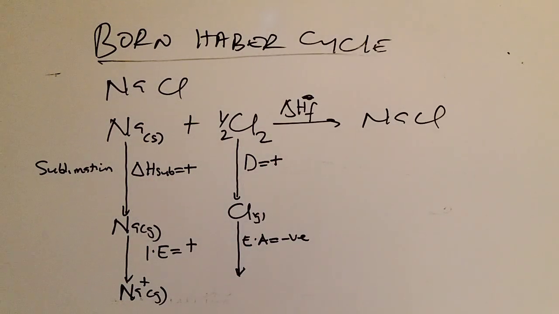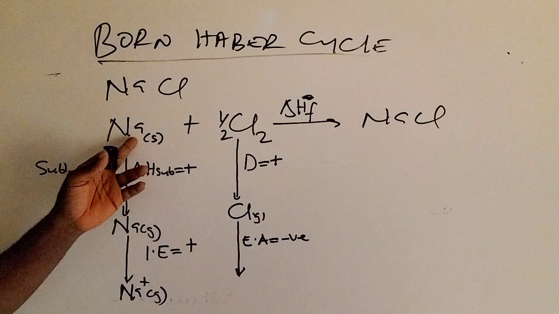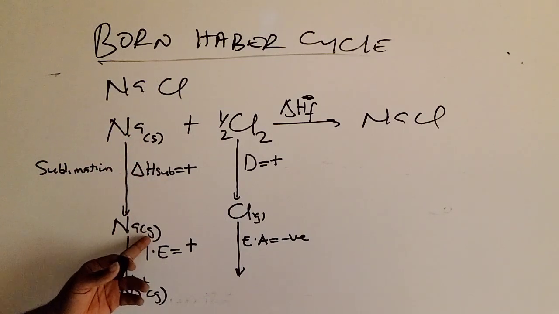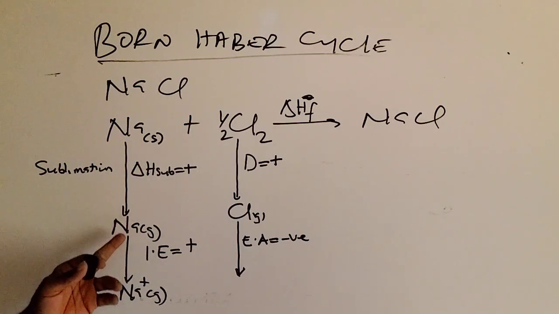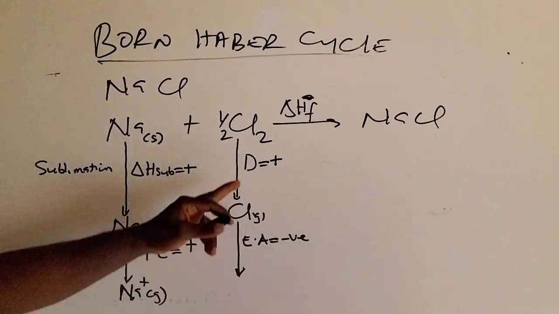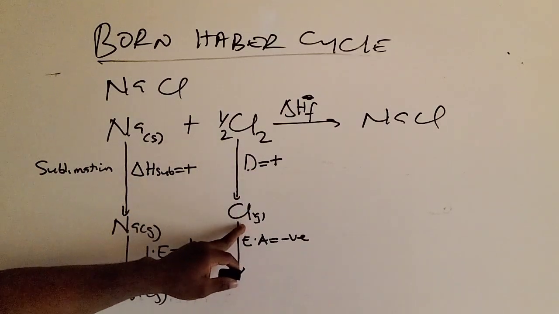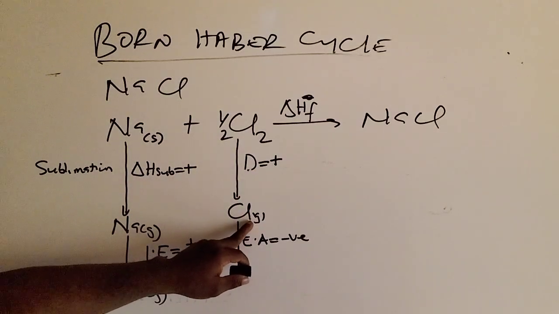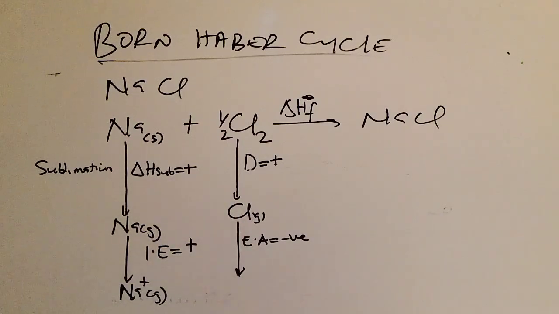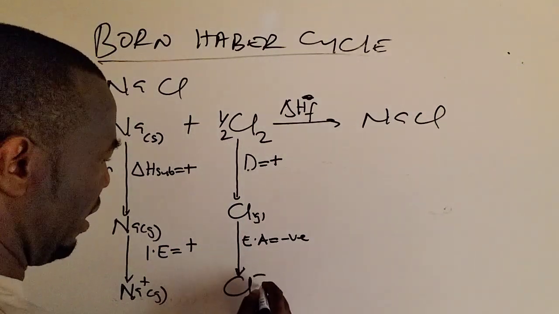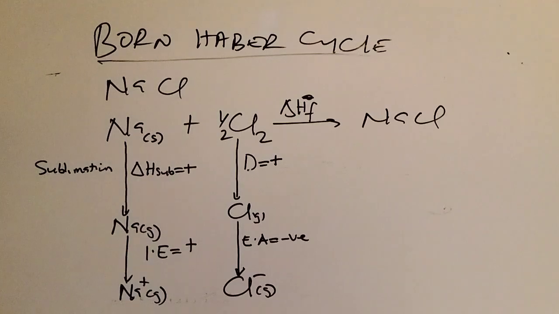To repeat, the metal undergoes 2 stages. It sublimes to its gaseous atom, and the gaseous atom loses an electron to ionize. The non-metal dissociates into free atoms, then the free gaseous atom gains an electron to form a negative ion in the gaseous state. You see that?